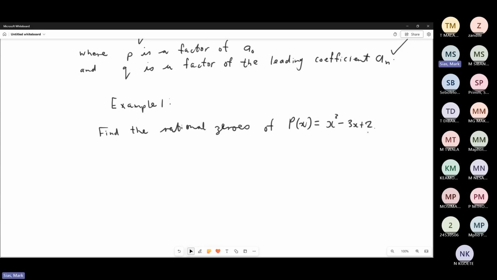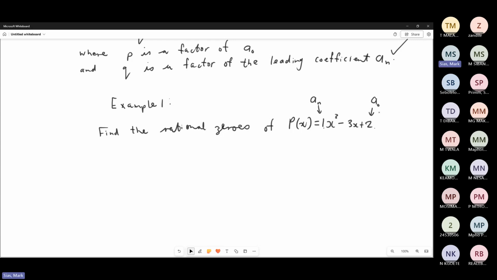Okay. So of course, you can see that my leading coefficient belongs next to the x cubed, and this will be a 1 here, okay? This is my an that we spoke of in the theorem, a subscript n. And my a0 here will be this 2 here.